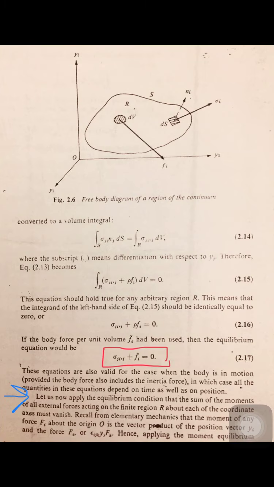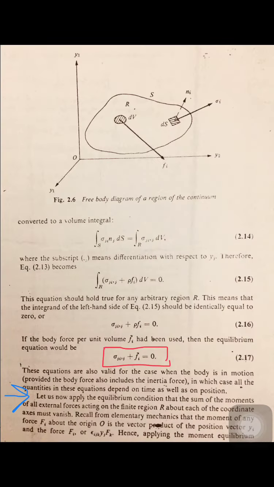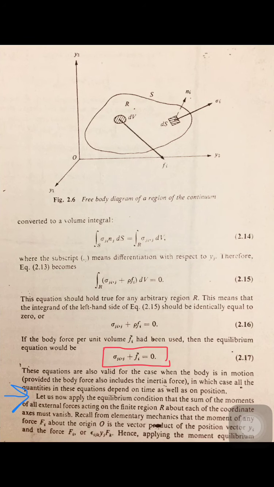Next, here we see this surface integral of sigma_ji n_j dS, with the help of the Gauss theorem, converts into the region integral of sigma_ji,j dV. So the first integral in equation 2.13, the surface integral, can be replaced by the Gauss theorem with a region integral.